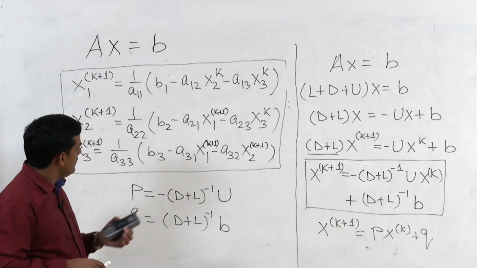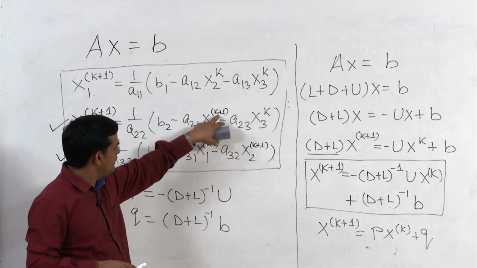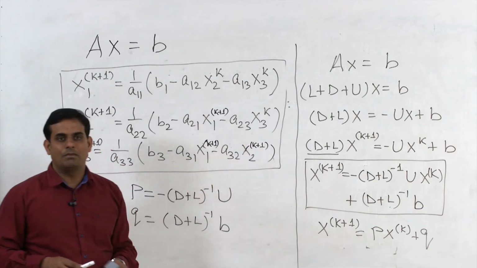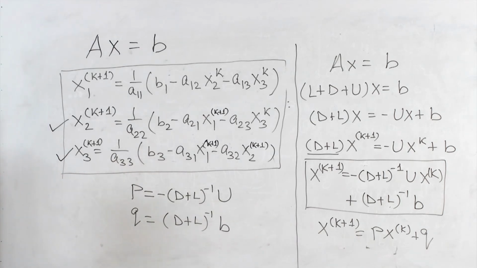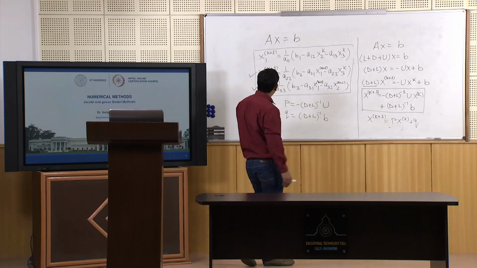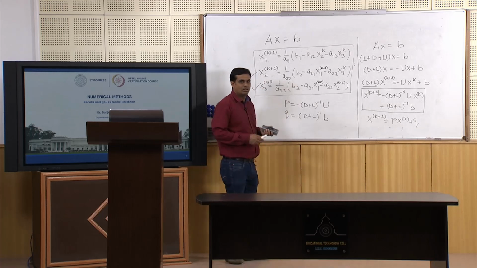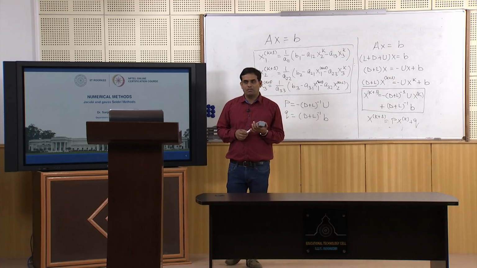The only change is, as I told you earlier also, that here we are using the updated values of x1 and x2 in the second and third iterative equations respectively for finding the values in the current iteration, that is the k plus 1 iteration.